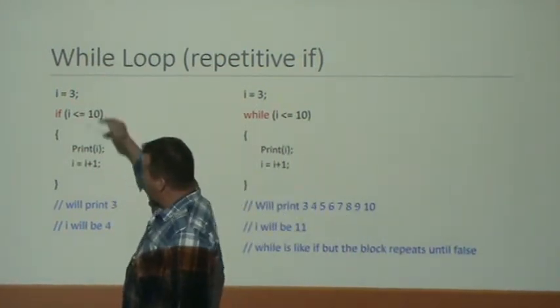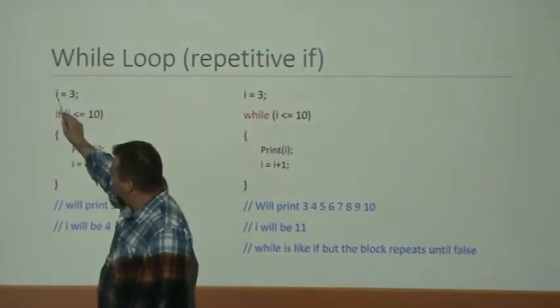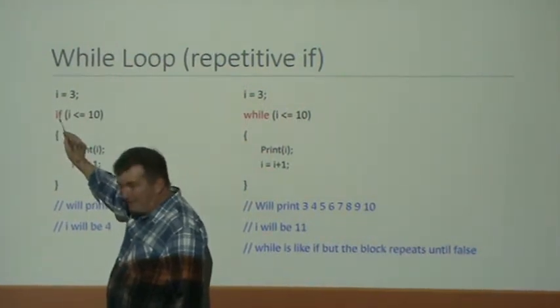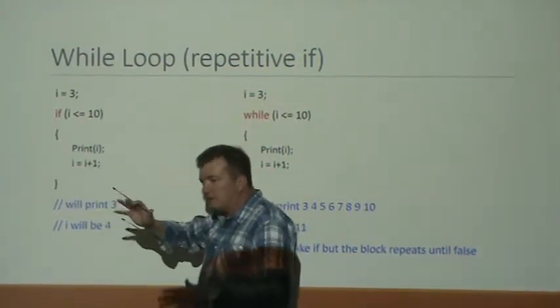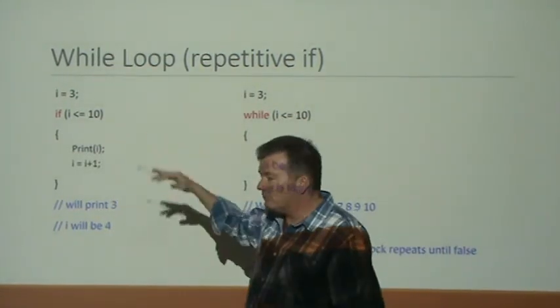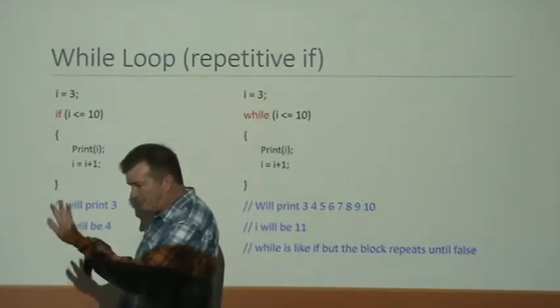Suppose, for example, I said I equals 3. So I assign the value of 3 to I. And then I say if, which means if the Boolean expression that's about to come is true, then the code in the block will run. If it's not true, it won't run. So this is an if-then statement.